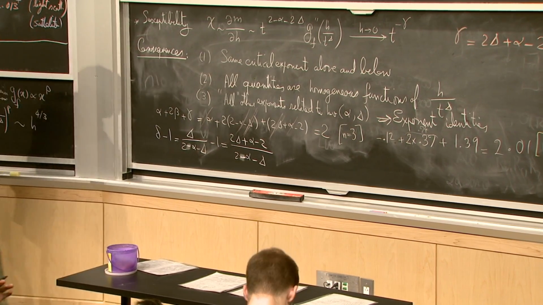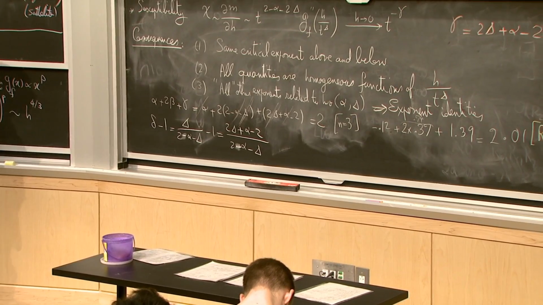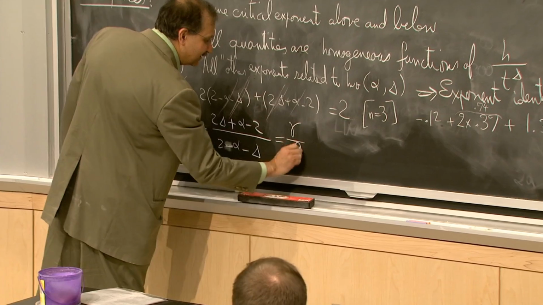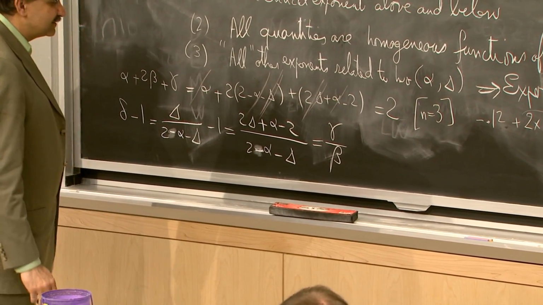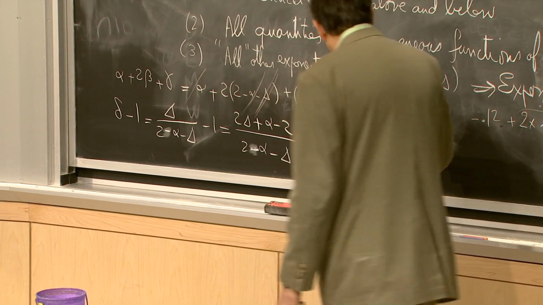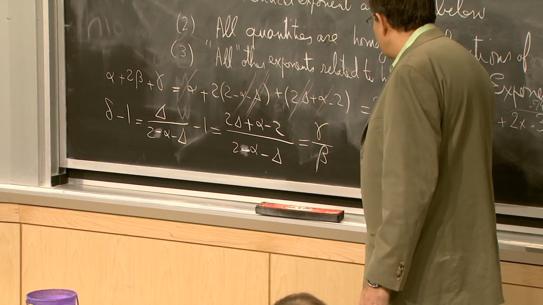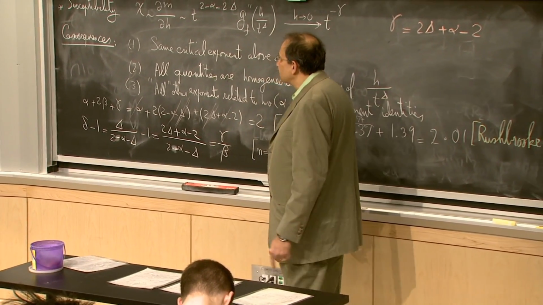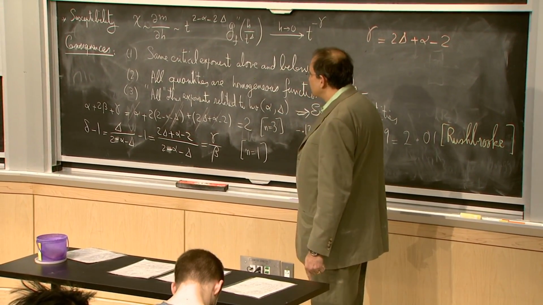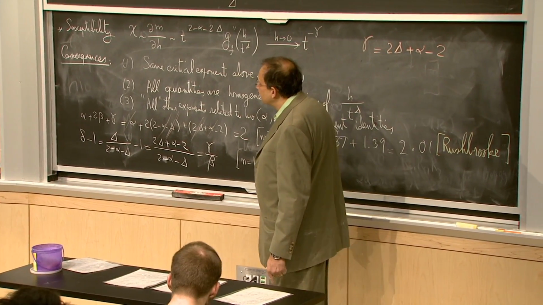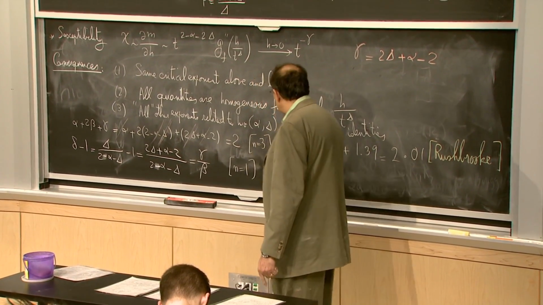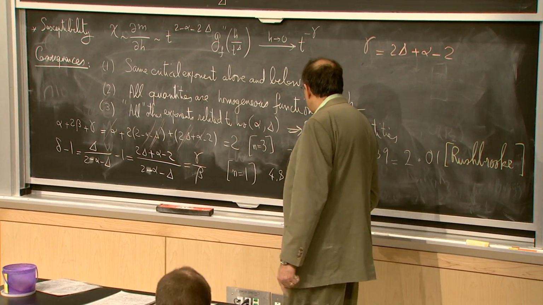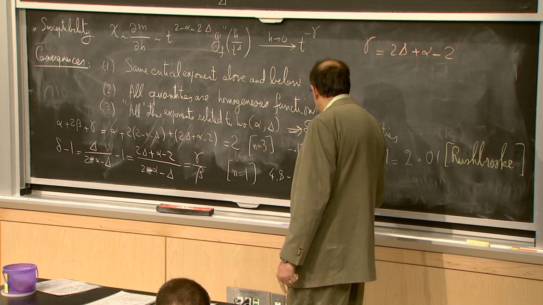2 delta plus alpha minus 2, then we can read off to be our gamma. So this is gamma over beta. And let's check this for n equals 1. For n equals 1, what we have for delta is 4.8 minus 1, which would be 3.8.